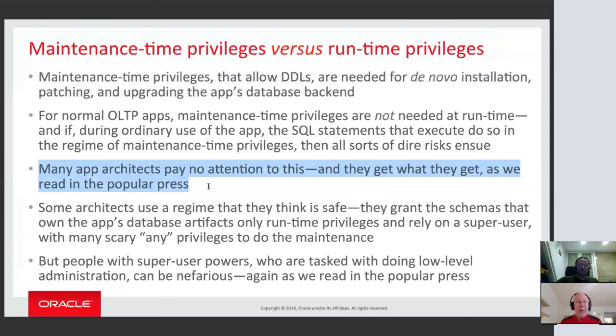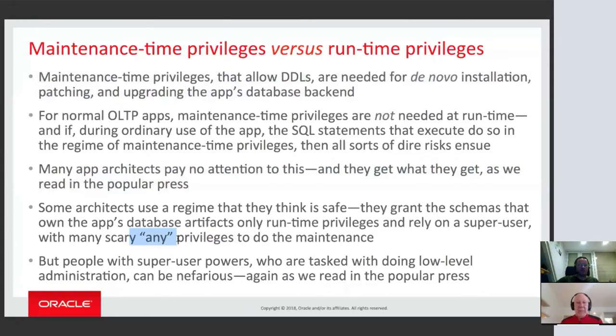I don't know. But I don't think that it's safe to do that. I think it's self-evident that that's a careless and wrong way. And these any privileges, in particular, are scary.